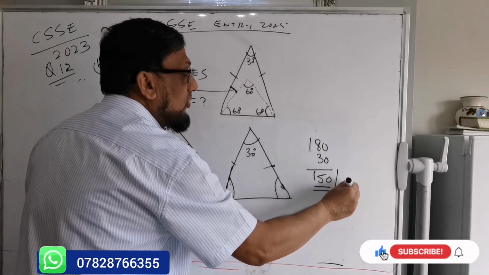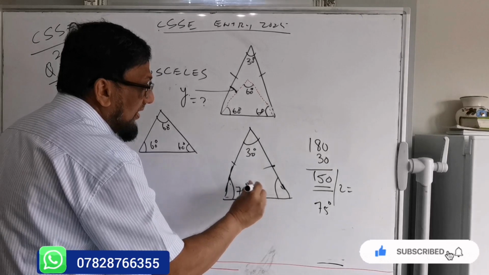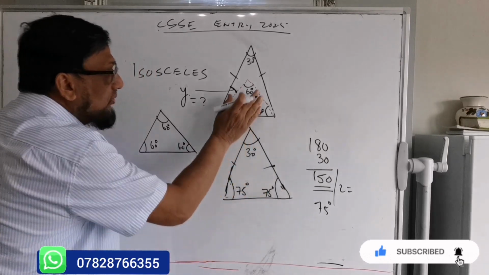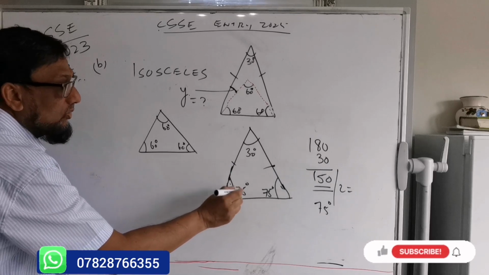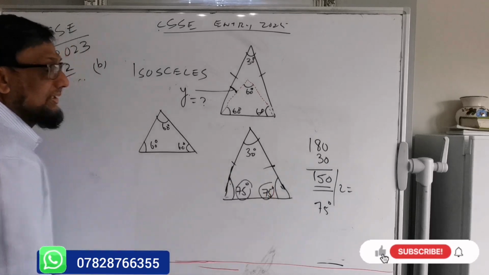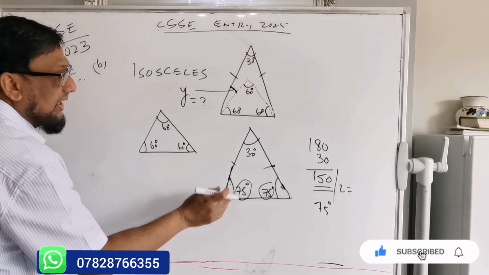We divide by 2, which is 75. So this is 75 and this is 75. If I remove this equilateral triangle, the angle value is 75.